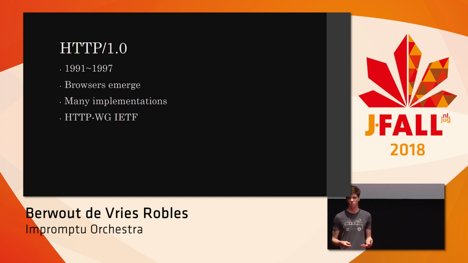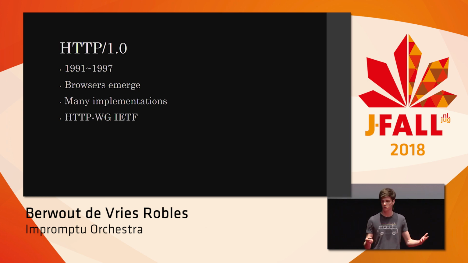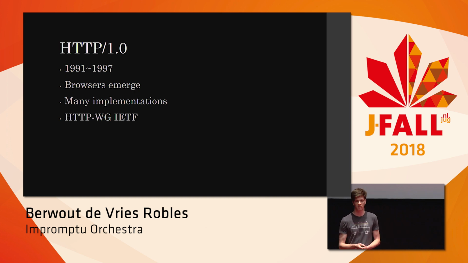On to HTTP 1.0. We realized HTML might not be the only thing we want to send. So the first browsers came along about 1994, but HTTP 1.0 started way before that. So what did we do before that? We used command line interfaces to send requests and receive responses. It had many differing implementations, and there was not one HTTP 1.0.